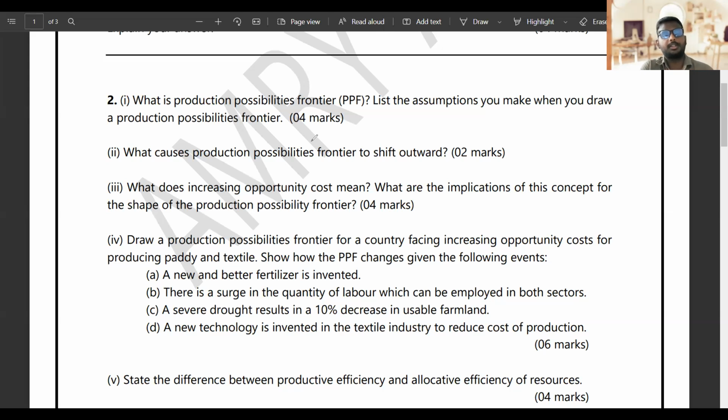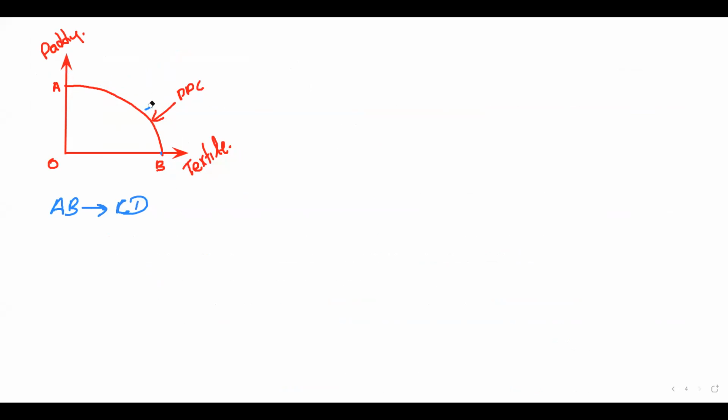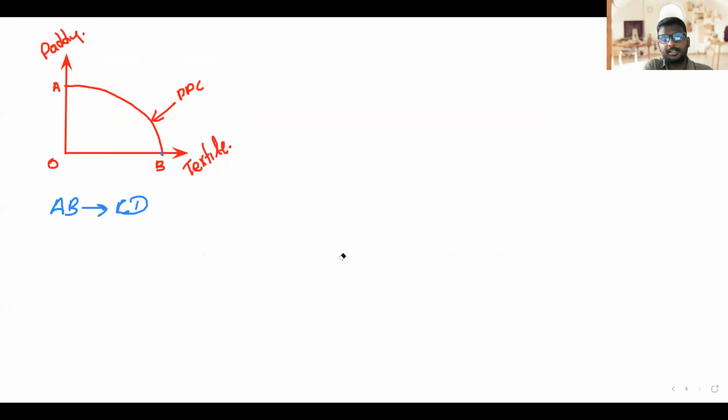So this time again, you are seeing a drop in land, but how will you show it on the PPC? The PPC will shift inside only on the paddy side. Exactly. Why? Because they have said farmland, there's a drop. If they had just said there's a decrease in usable land, then you might have to think about reducing on both sides.